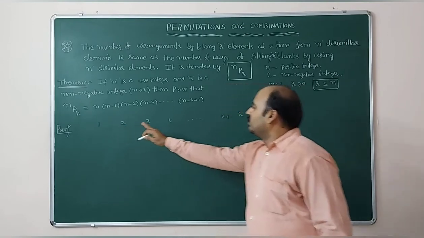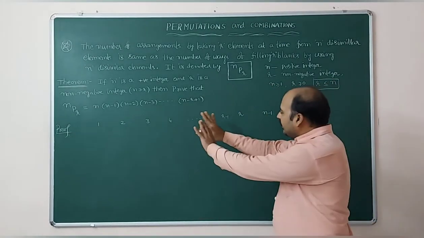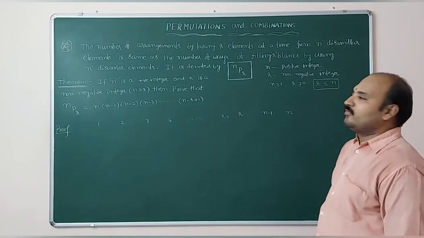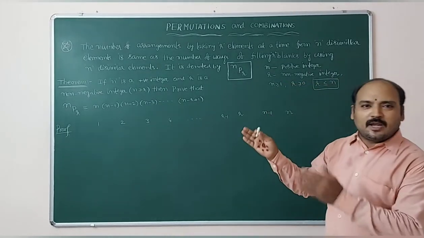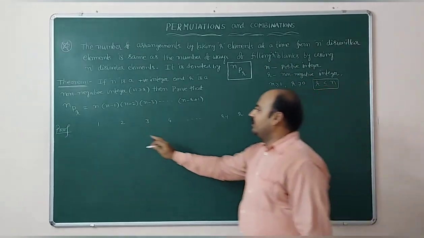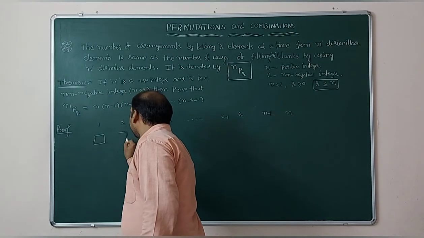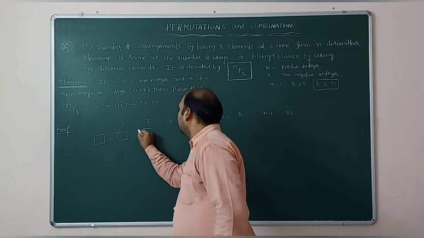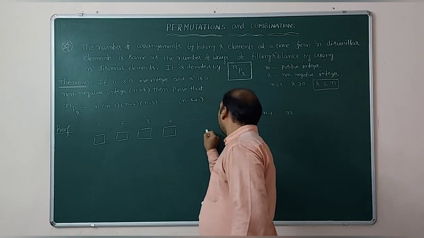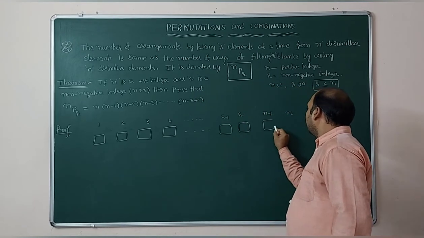So from 1, 2, 3 and so on up to r and up to n. Here n things are there, which means n blanks are there. Here I mentioned filling the r blanks. So I am putting the first blank, second one, third one, fourth one and so on. I am drawing boxes.